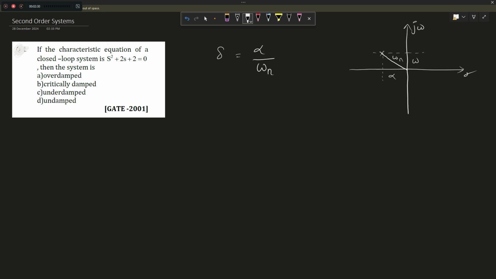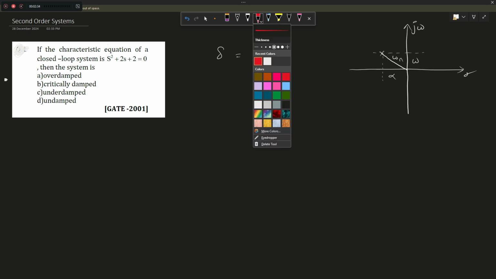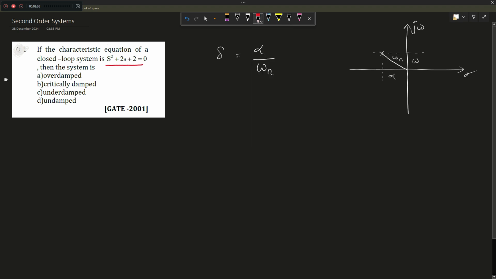So let's find out delta with the help of the characteristic equation that's given to us. In a characteristic equation, this term refers to the omega n square and this term refers to 2 delta into omega n. So, what is omega n? Omega n will be the square root of 2 radian per second.